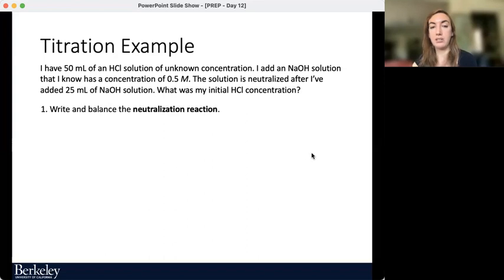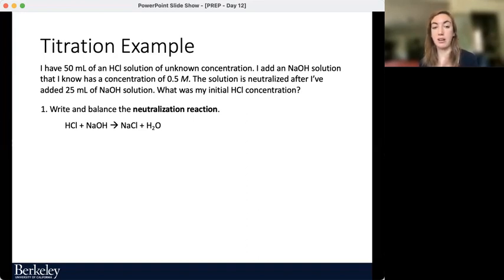So what I can do is first write and balance my neutralization reaction. So I have HCl, which is my acid, and NaOH, which is my base. I'm going to pair my chlorine anion with my sodium cation and end up with NaCl, which is just a salt. And my leftover H and OH will form H2O.